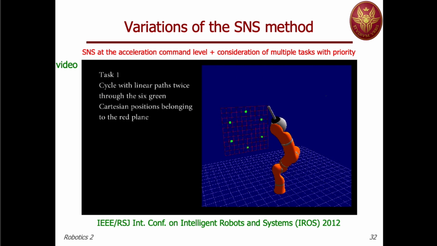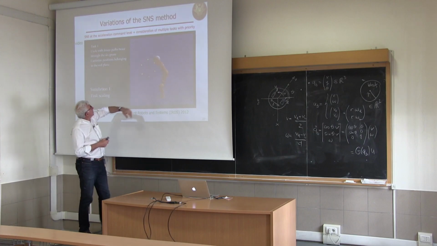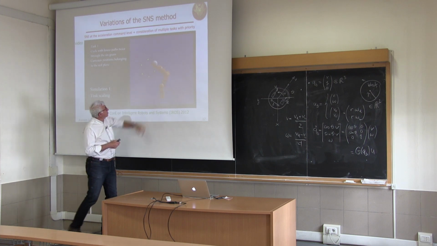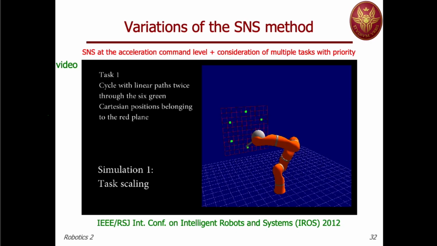So here you see the KUKA in a simulated world, still the 6 points, and here you will see two situations. This is using task scaling, so doing the Cartesian task that I described before.